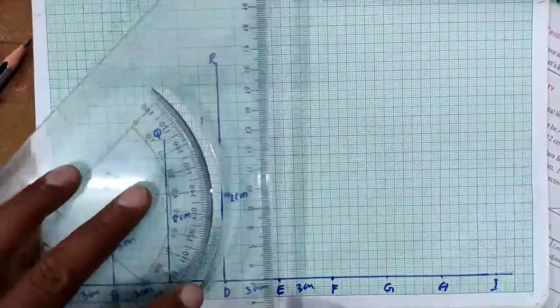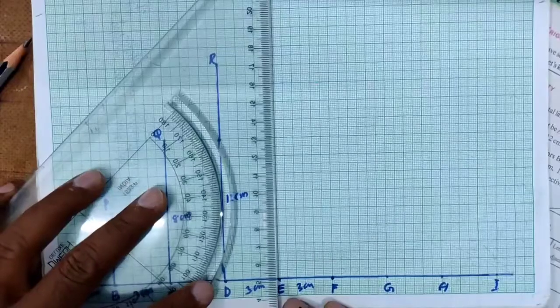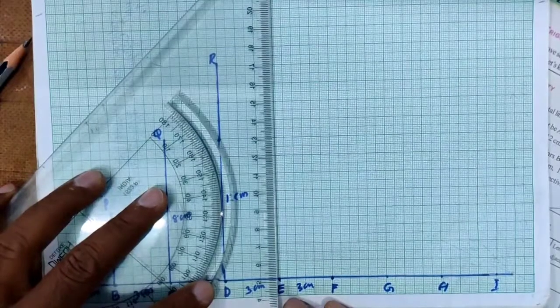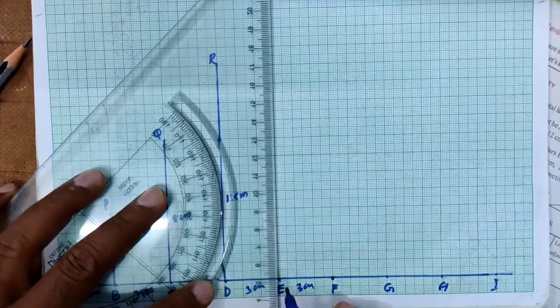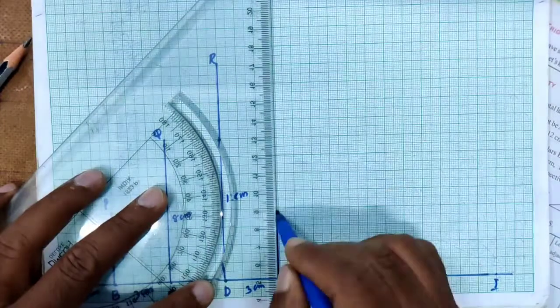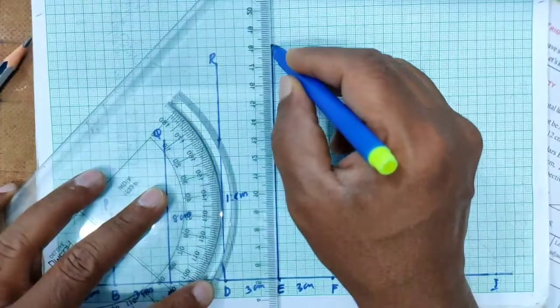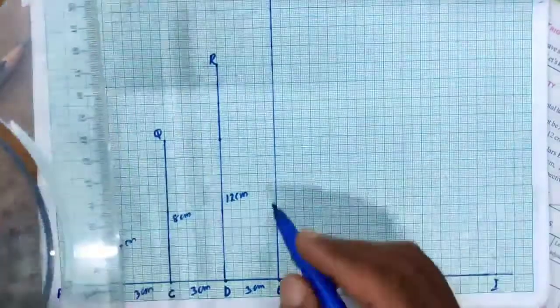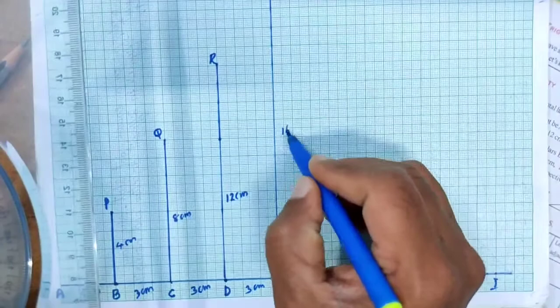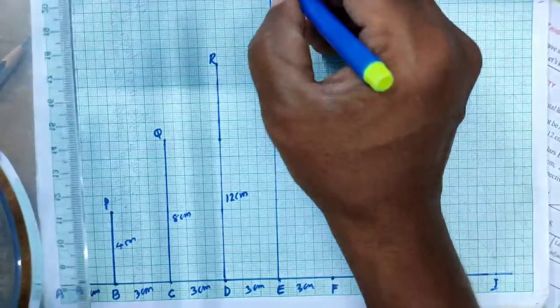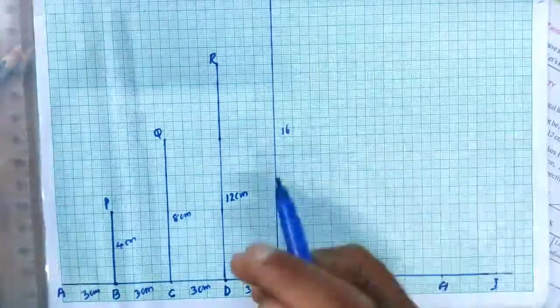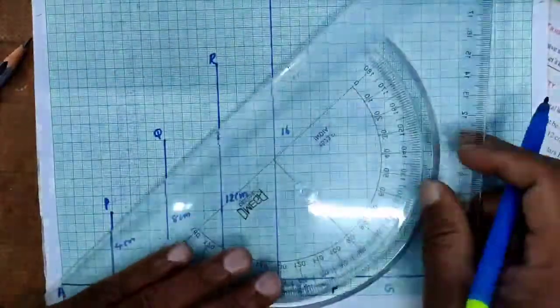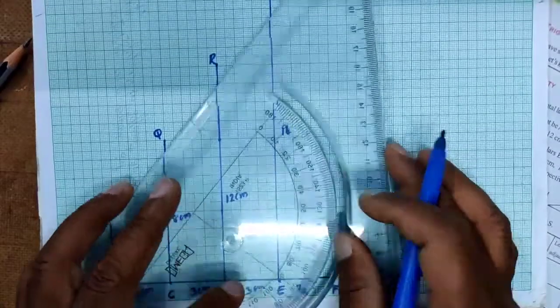And another line of length 16 centimeters: this is 12, 1, 2, 3, 4, so this is 16 centimeters. This is S. Now join all these from A.